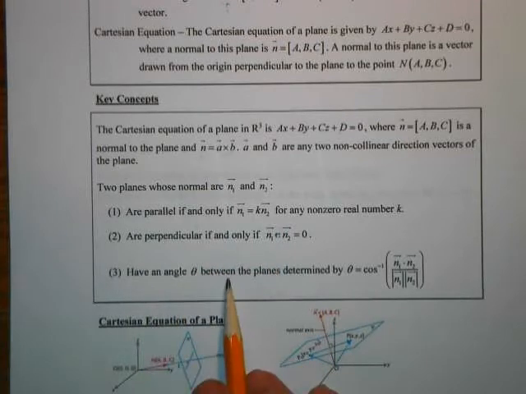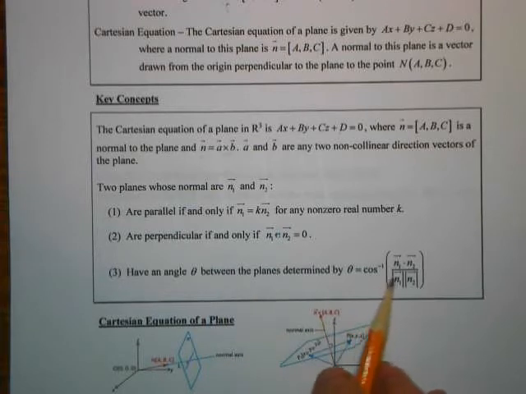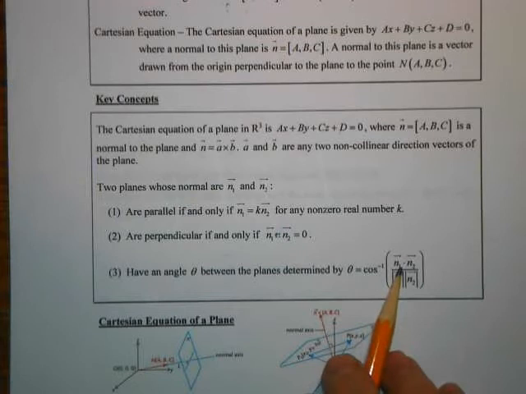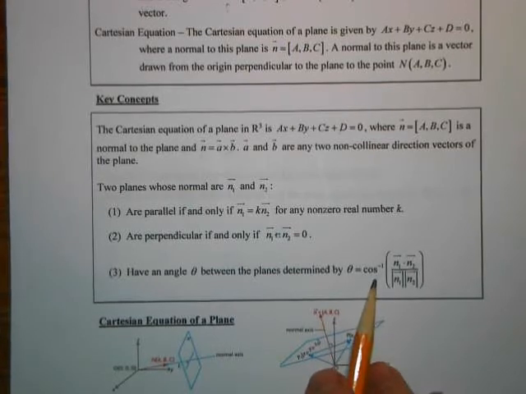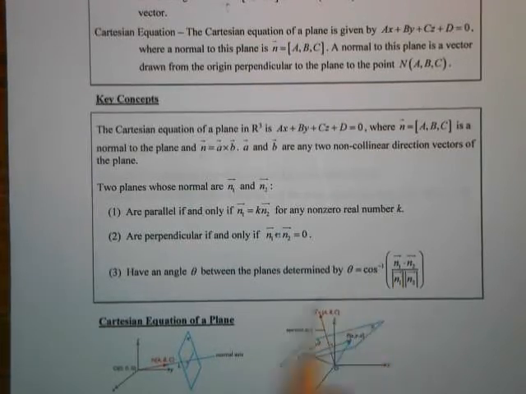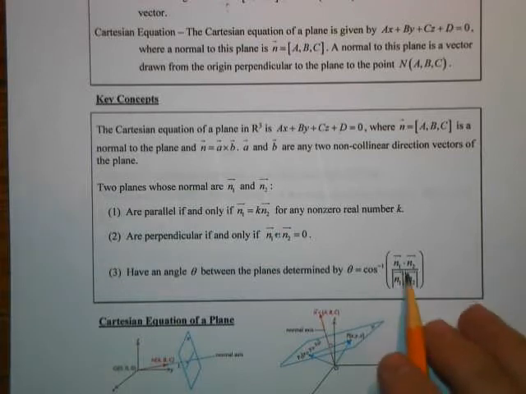And if we want to know the angle between planes, we just use the two normals of the planes, do the dot product on the top, divide that by the product of their magnitudes, and then take the cos-inverse of that. This comes directly from our very first lesson in the geometric representation of the dot product.